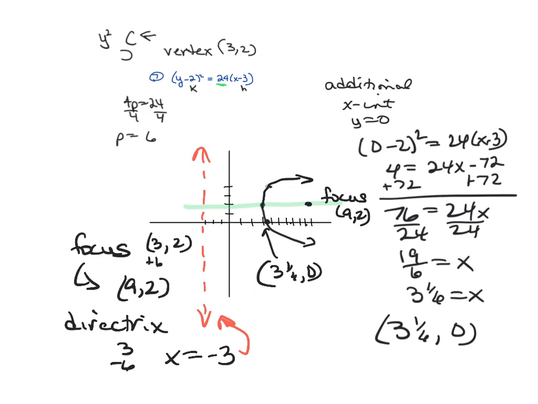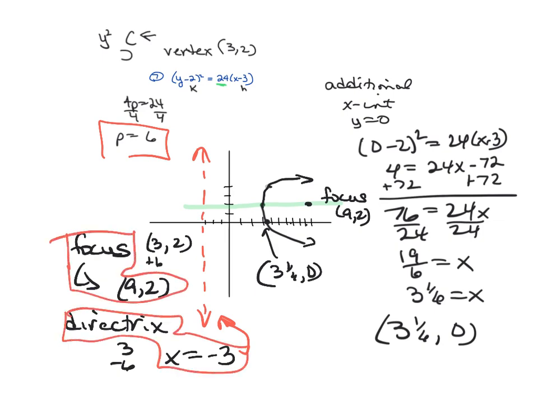So again, you're going to be finding the p-value, the focus point, the directrix equation, an additional point, and the vertex. So just make sure you read the directions, and you're also going to graph.